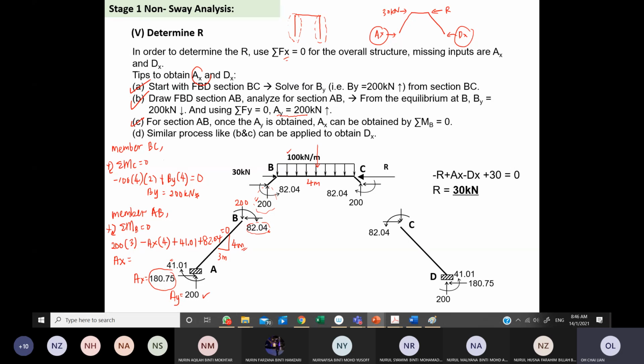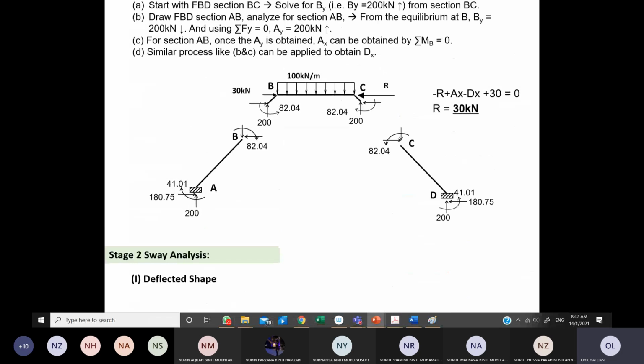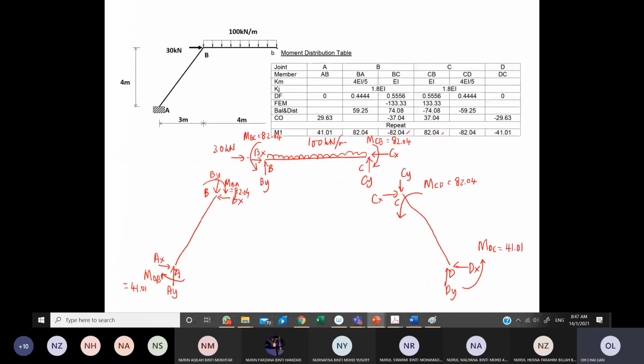All right. To make sure you really understand this, please continue with your free body diagram to solve for your DX. I give you 2 minutes. Probably you should refer to this. Now you already get your BY is 200, and you can get your CY is also 200 by using the summation FY for member BC. Please continue from here to get your DX and check with the answer.